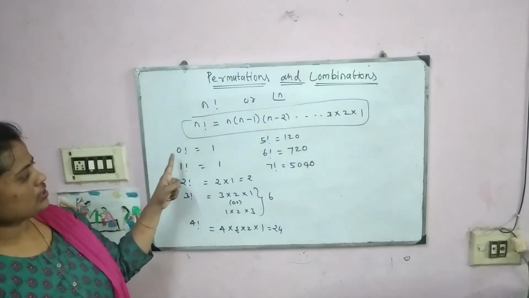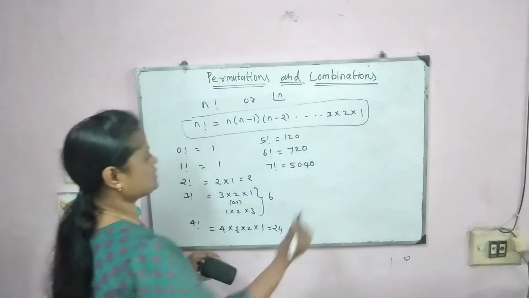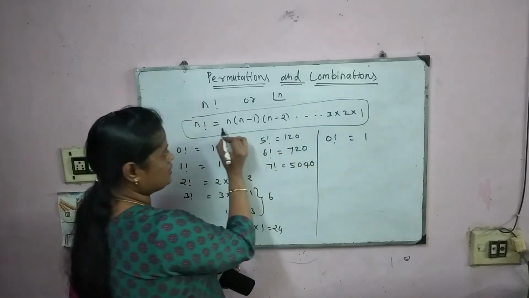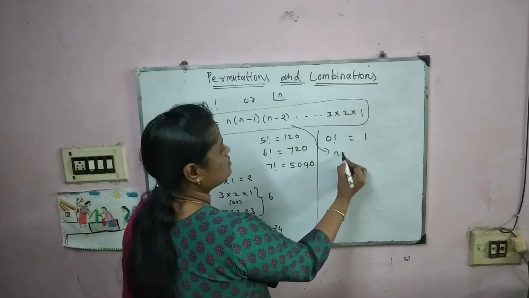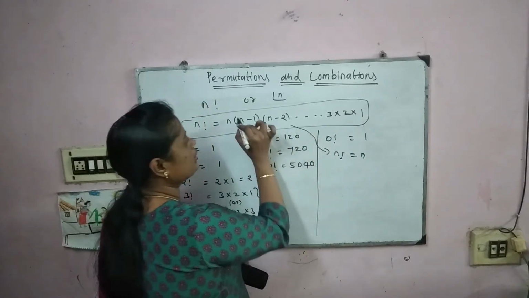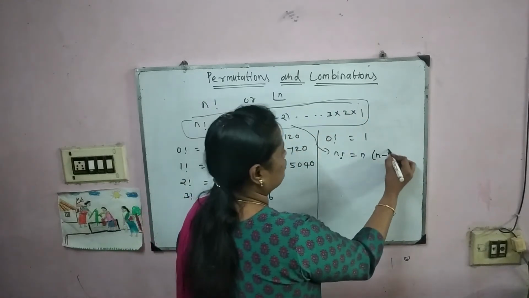Now, why ma'am, are you saying 0 factorial is 1? Is there any proof? Yes, we have a proof. Let's start. How is 0 factorial 1? I am going to take the same formula. n factorial is equal to n into the remaining terms, which is n minus 1 factorial.